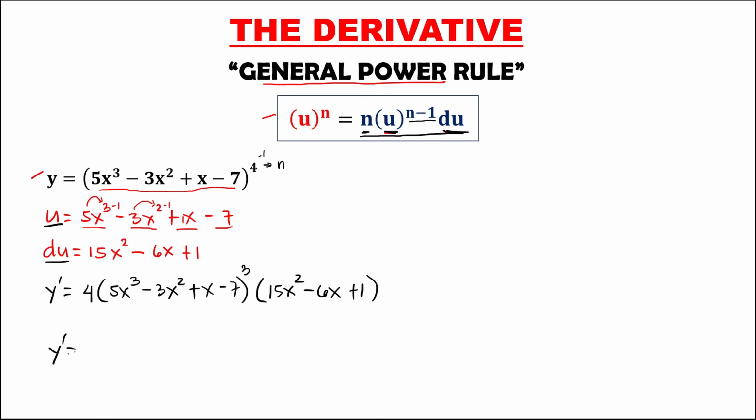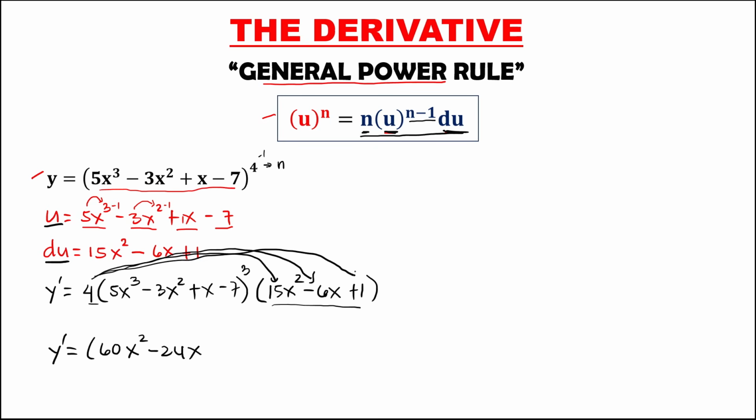Then to simplify, multiply this 4 to this equation. So we have 4 times 15, this one is 60, then x to the power 2. Then 4 times negative 6, so negative 24x.